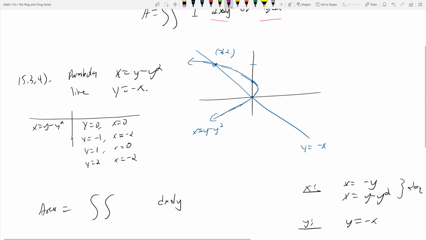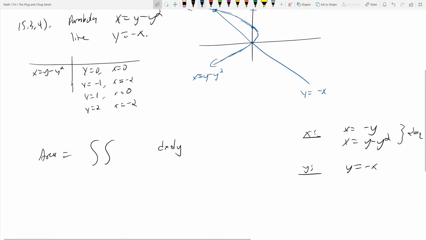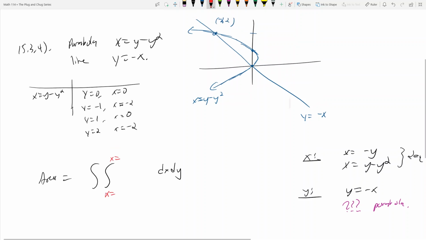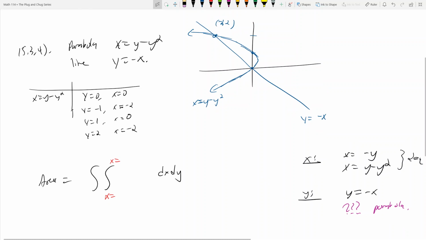So obviously we don't want to do dy dx; we want to do dx dy first, since we have two equations for x. Then they'll fit in the bounds nicely.